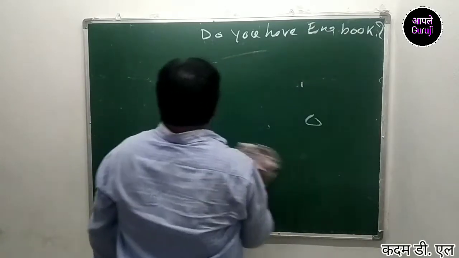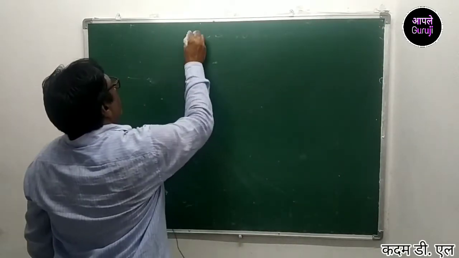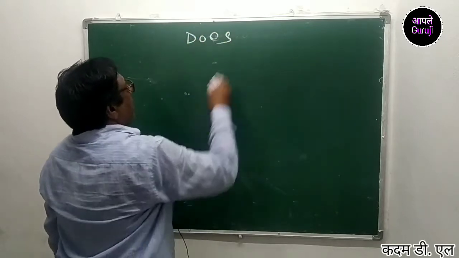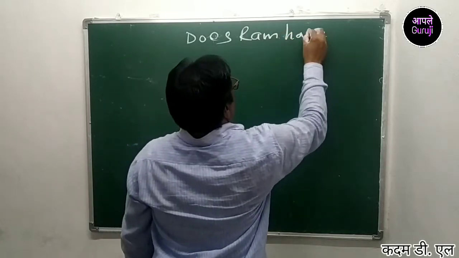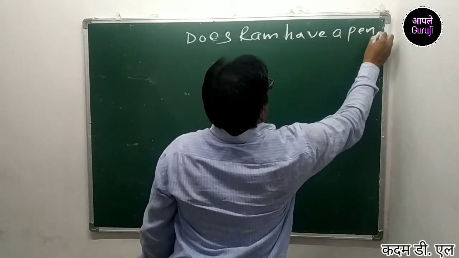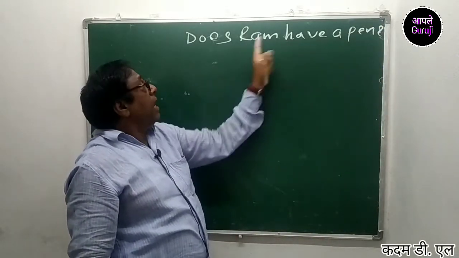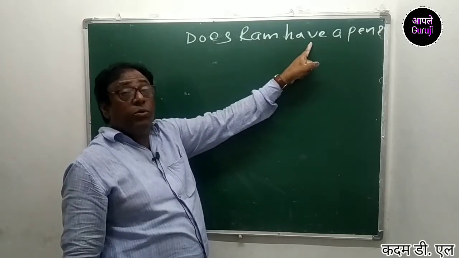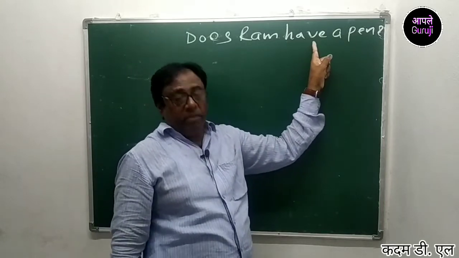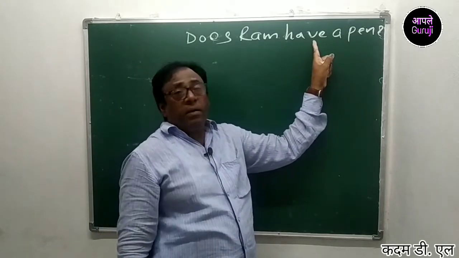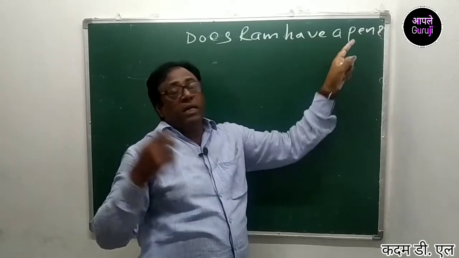Right? Take down one more example for understanding. Now see: Does D-O-E-S. Does Ram have a pen? Now the students will say, sir, you are using have, but Ram is singular, so why not has? It doesn't work that way in English. Grammar has rules and regulations that we have to follow. Without rules we can't make the correct sentence, and if we don't make the correct sentence, the meaning doesn't come out correctly.